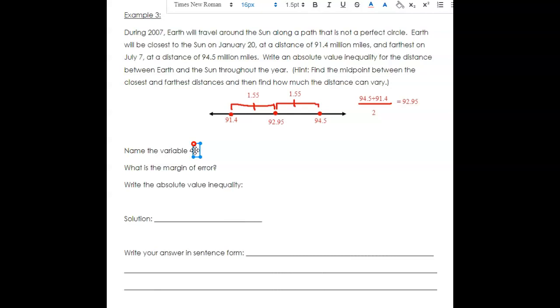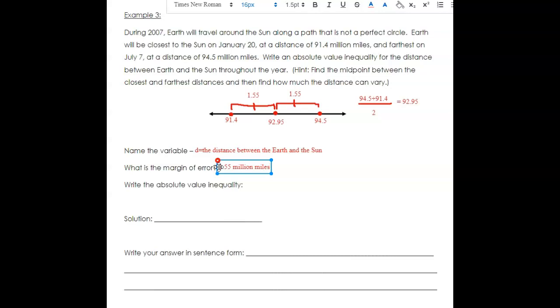So maybe we can call that D for distance. The margin of error is how much you can vary above or below your middle point. That amount you can vary above or below is 1.55 million miles.